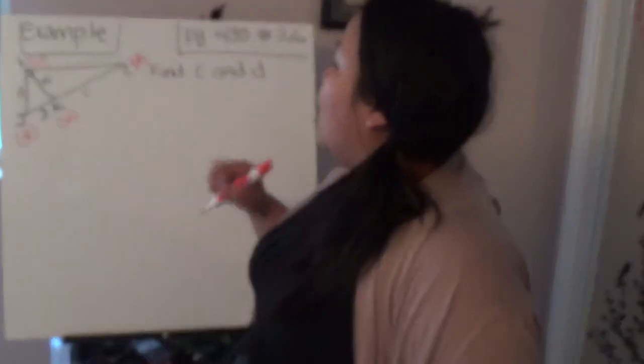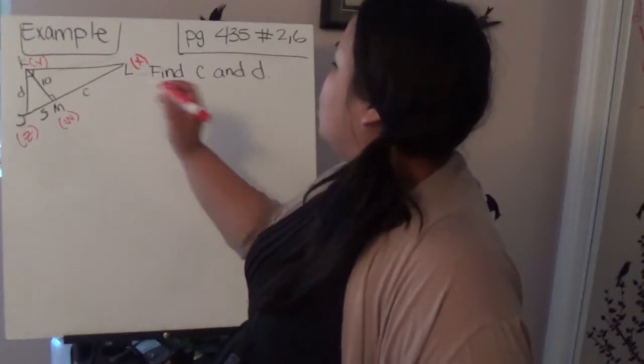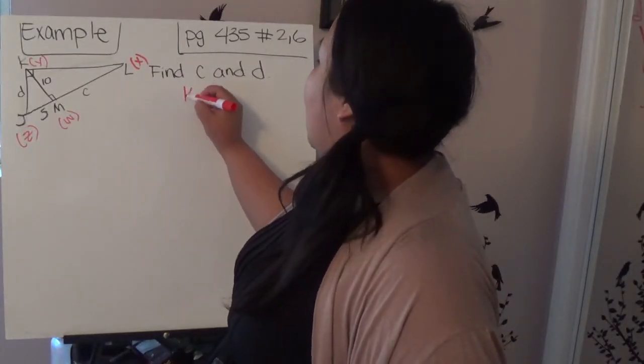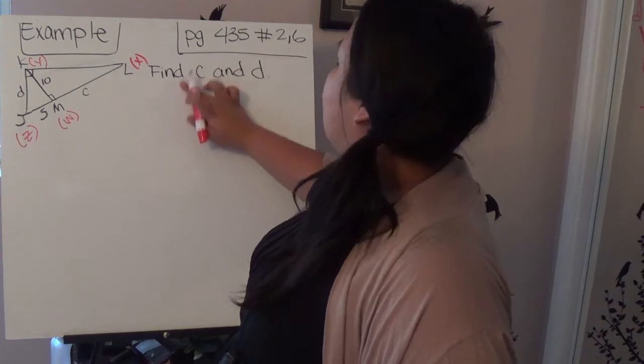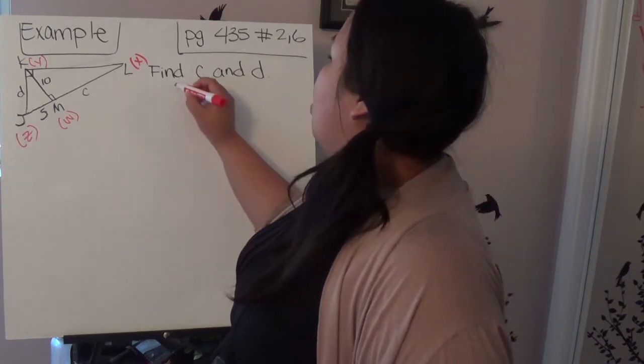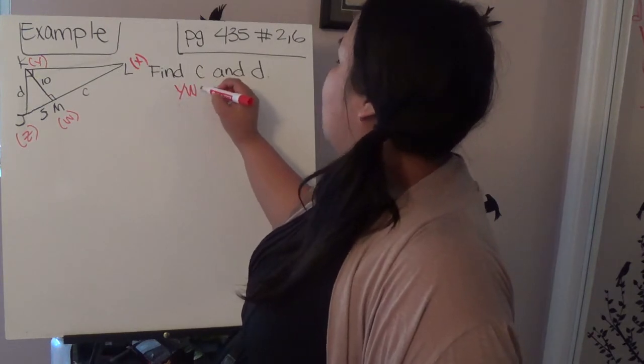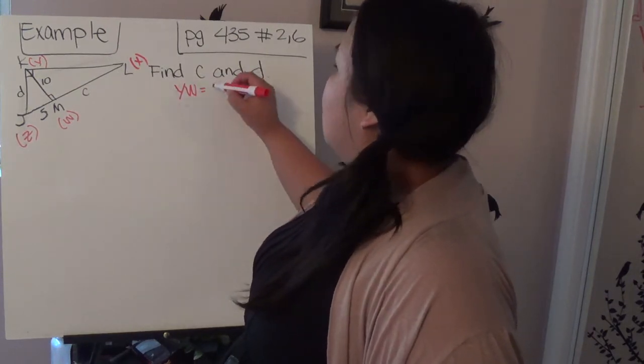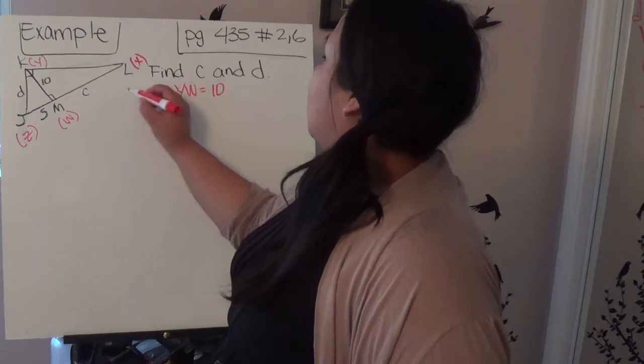So I'm going to tell the information that I do know, using the letters from the prior notes. I know what YW is. YW is 10. This is what I know.